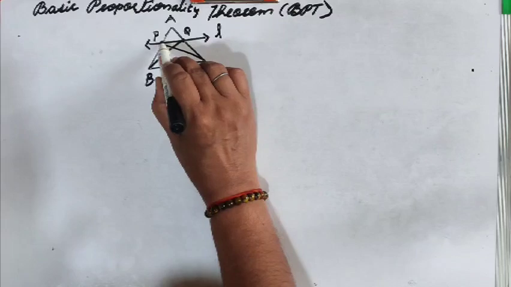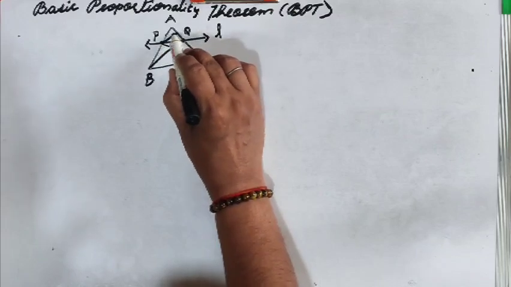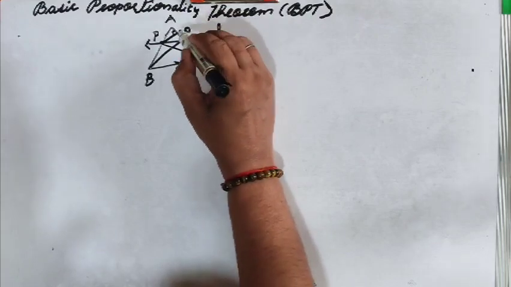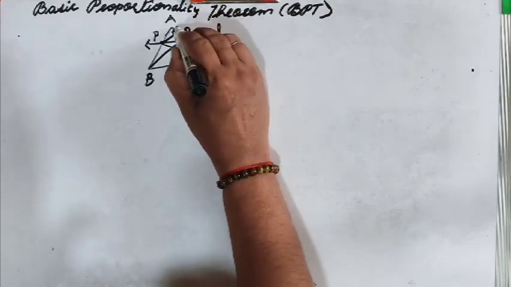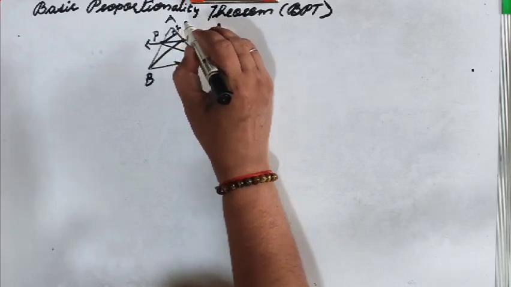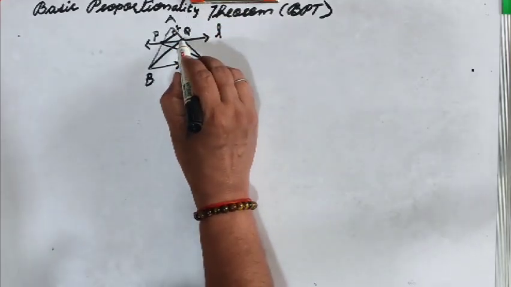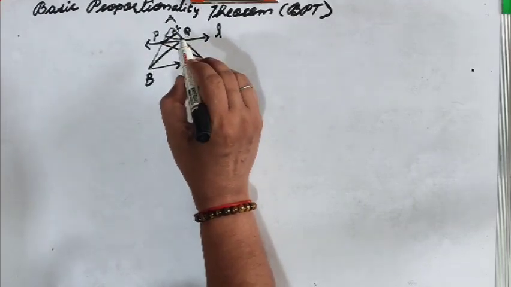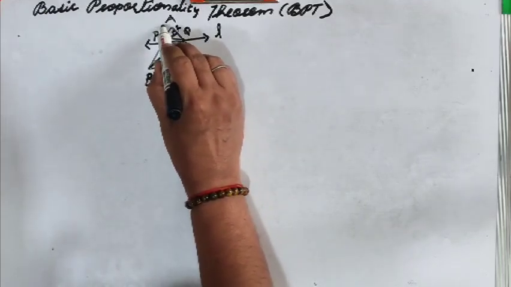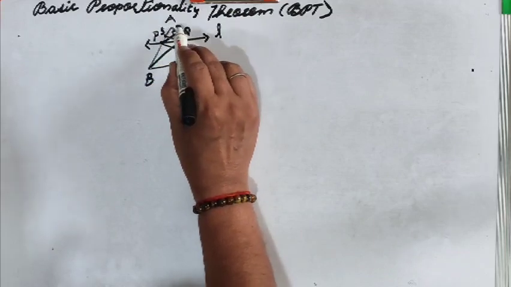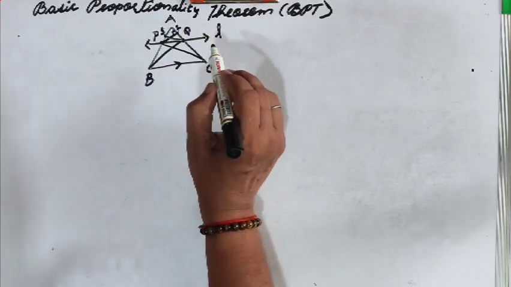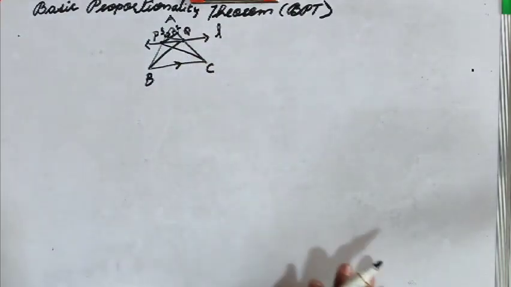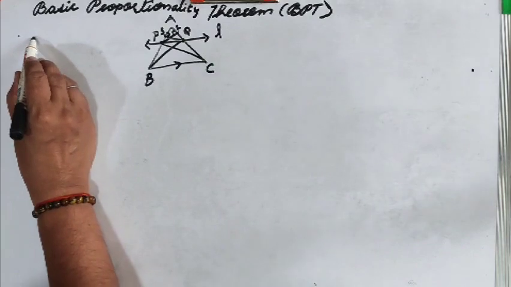Let the perpendicular drawn meet AC at the point R, and the perpendicular drawn from the point Q to the line segment AB meet at the point S. So there is a point S, there is a point R. We are going to use this. Now we will write here what is known to us.